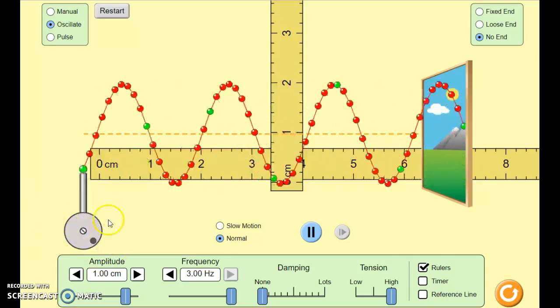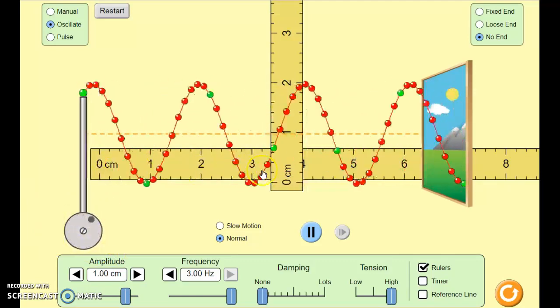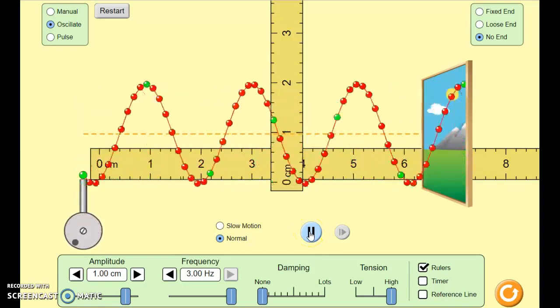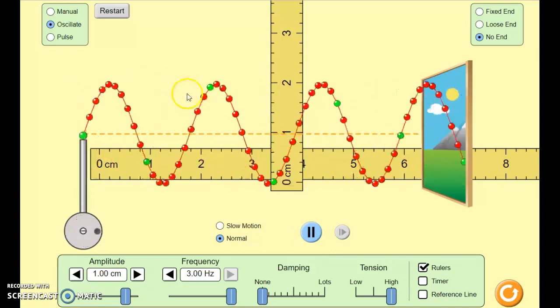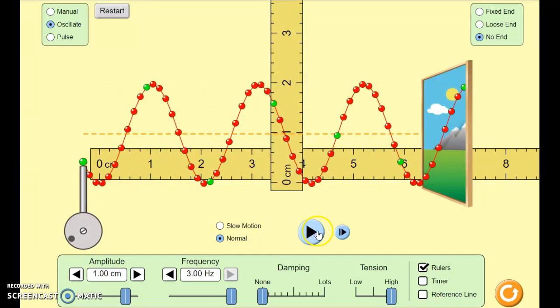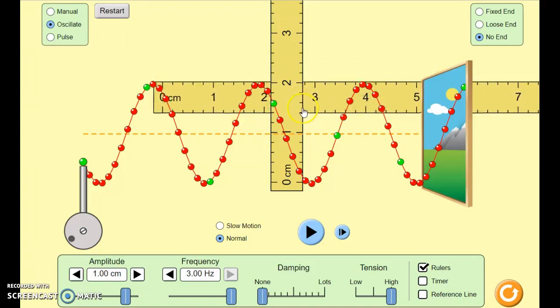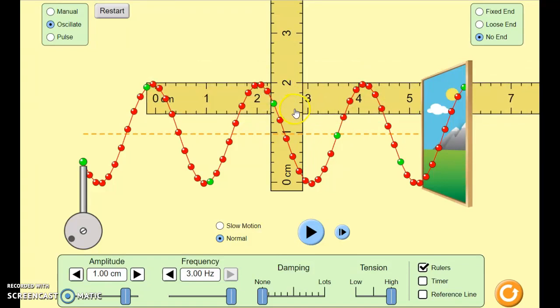This circle goes around 3 times per second and creates a wave in which the crests are much closer together. So you may remember that the distance from crest to crest is called a wavelength, right? So here I'm measuring the distance between these two crests, and it's a little bit more than 2 centimeters, maybe 2.1 centimeters would be the wavelength of this wave, okay?